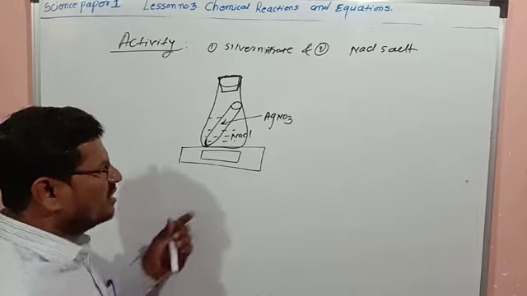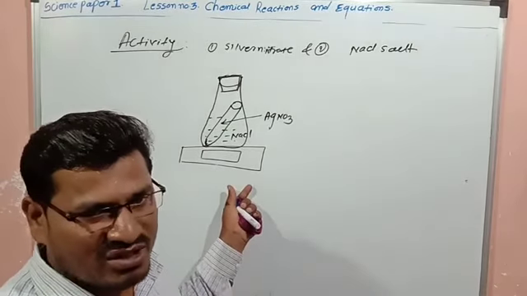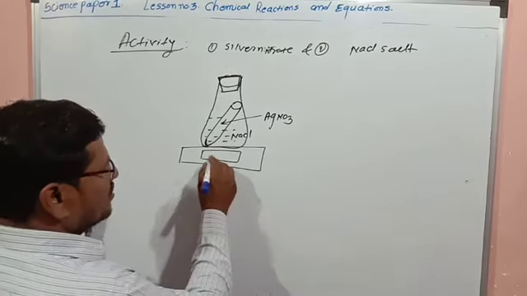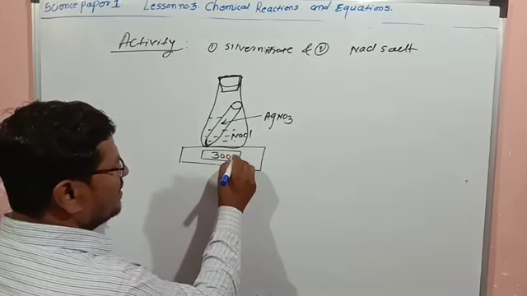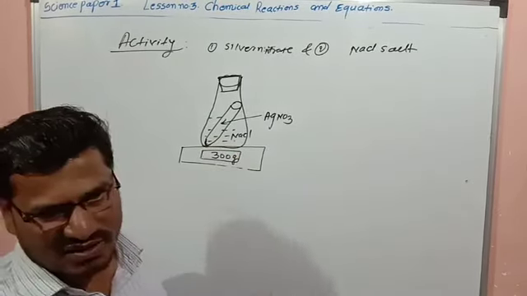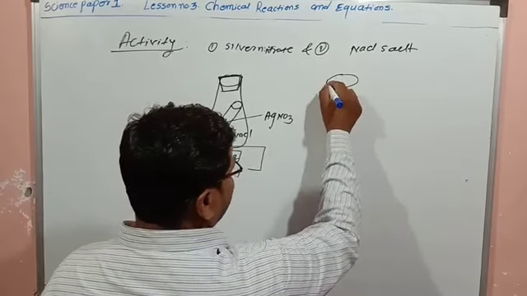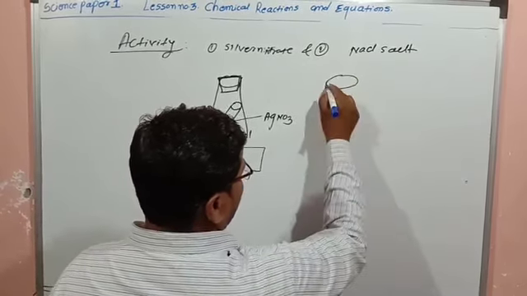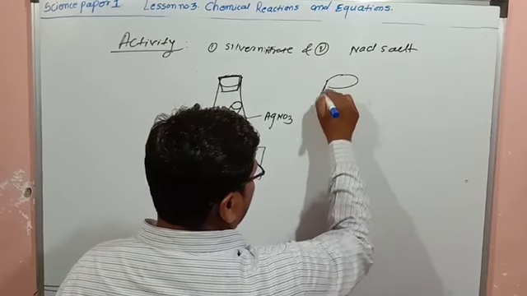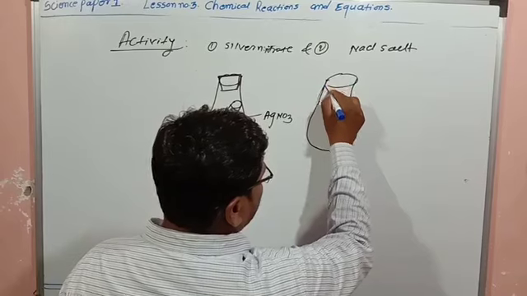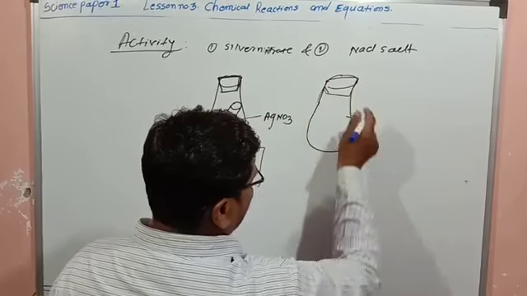You have to measure the weight of this mixture, the weight of these reactants. Suppose it will be 300 grams. After this, you have to make it inverted, and you have to tilt this one.